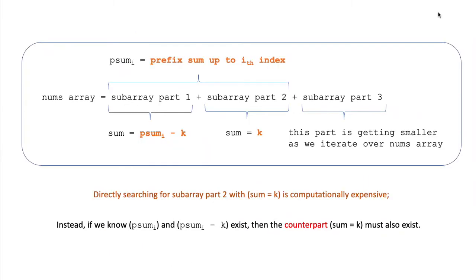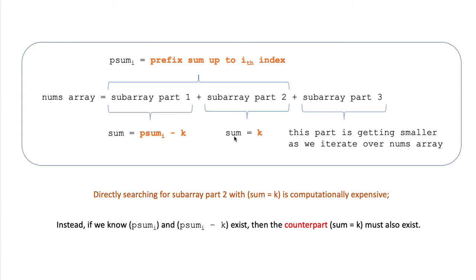To further clarify this point, I break down the nums array into three parts. You may pause the video to study this in a little detail. As you can see here, the first two parts sum up to the prefix sum up to the ith index, and it can also be broken into two parts: prefix sum i minus k, and the second part with a sum equal to k.